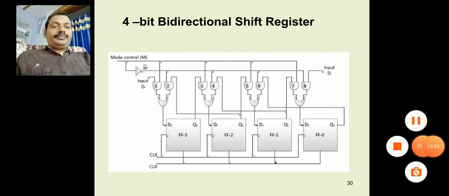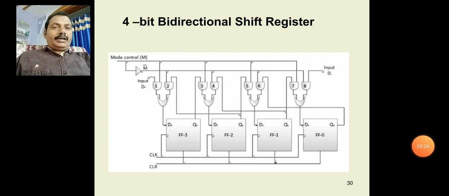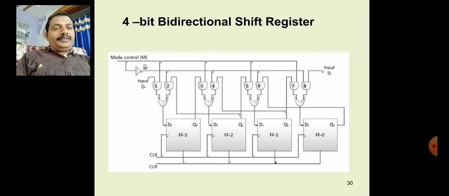Let us see. Our objective here is that the shifting must be left or right as per the mode selection. This is possible with the mode control bit and gate circuitry.